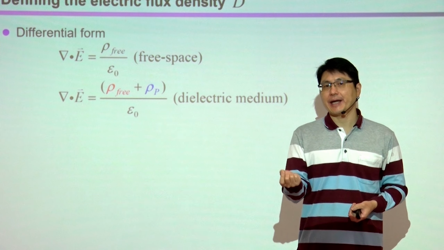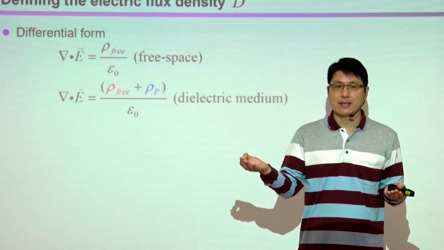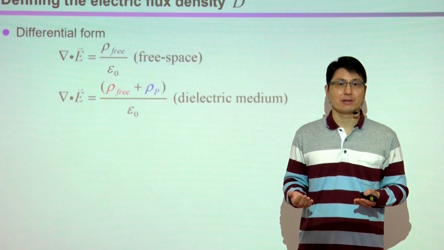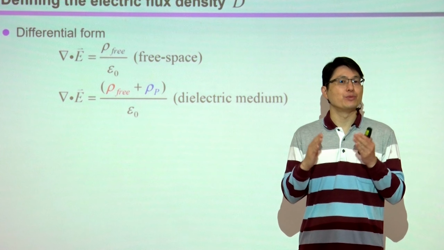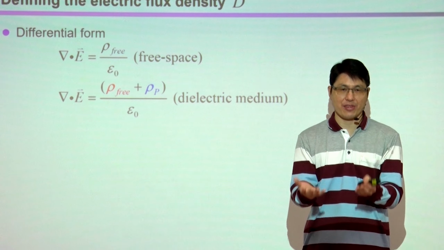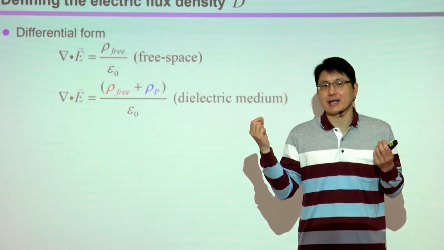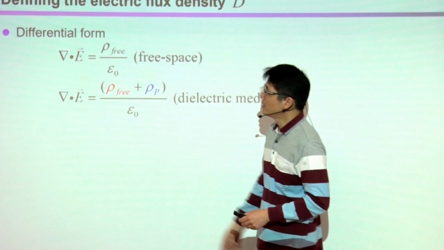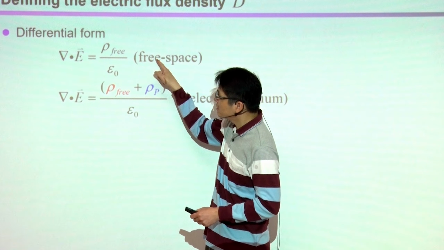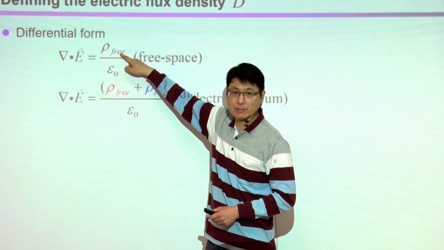So if you want to create some field distribution in vacuum, that has to come from free charges. This is the best way for you to remember it. Vacuum has nothing. So if you can create some field line, it's definitely coming from free charges. So divergence of E in free space is basically coming from free charge densities. Okay, free.